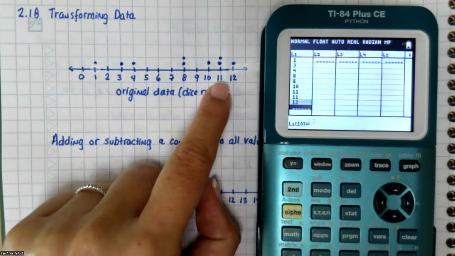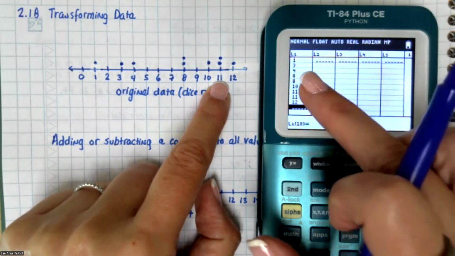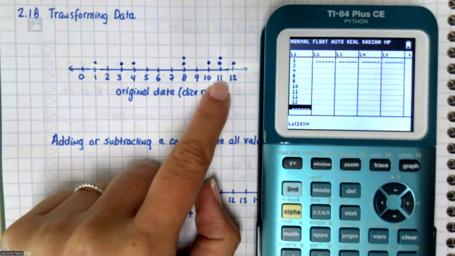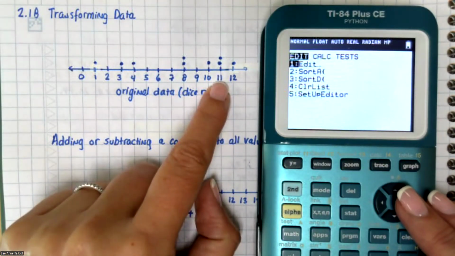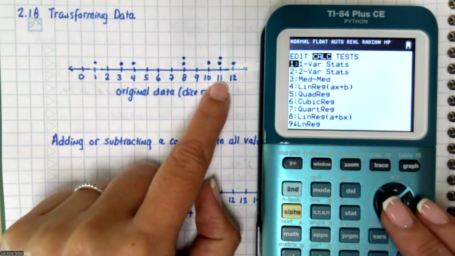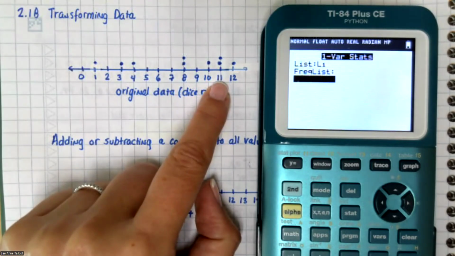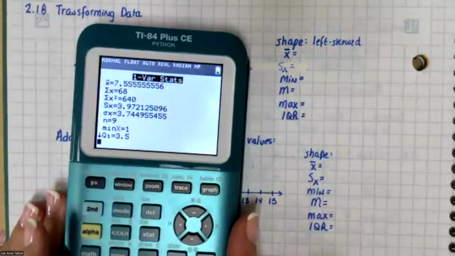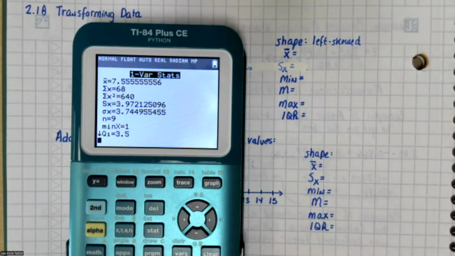If you guys have stuff in your L1 column, just scroll to the very tippy top up in the heading, hit clear and enter, and it'll clear out the whole column for you. Just before I write my stuff down in pen, does anybody have the same answer as me?